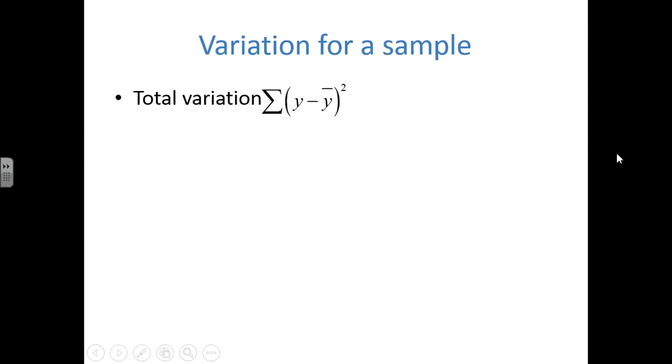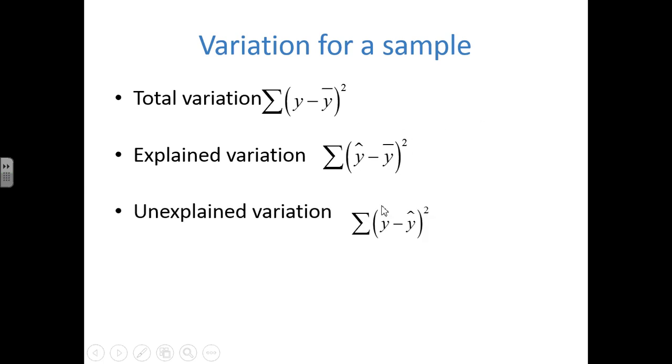So the variation for a sample, we have the total variation, which is you find each of the y minus the average of the y's, square those values and sum them up, and you will get the total variation. The total explained variation is you square each of these values and sum them, and for the unexplained variation, you do the value y minus the predicted value, y hat.